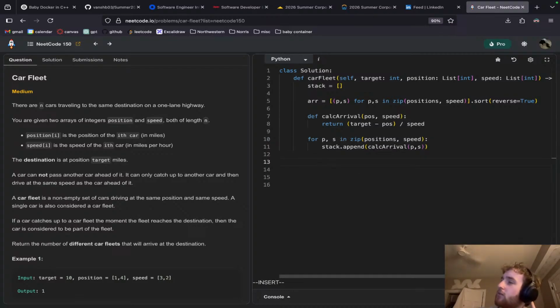So we append, and then when would we pop? We would pop if it's joining the car fleet.